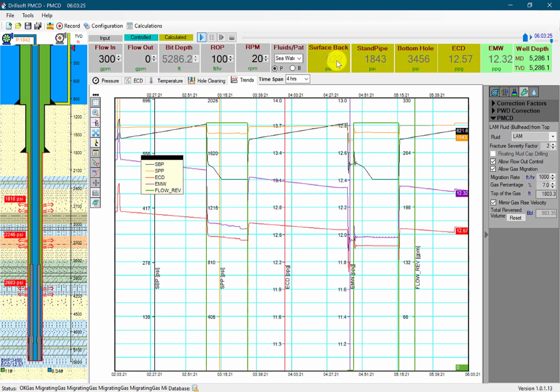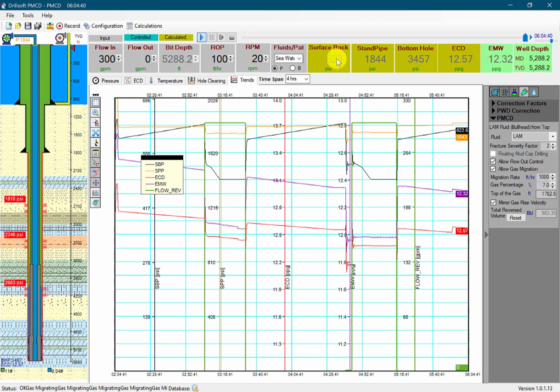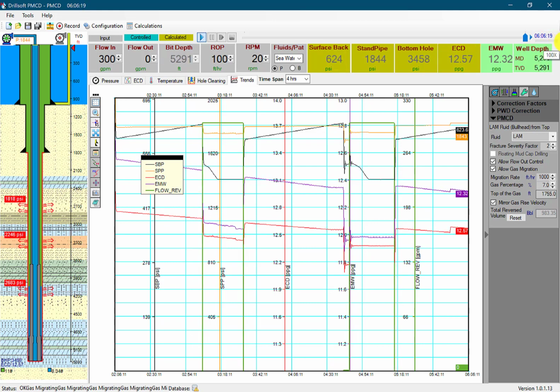This time we're waiting until surface back pressure reaches 650 psi. Can speed this up even more.